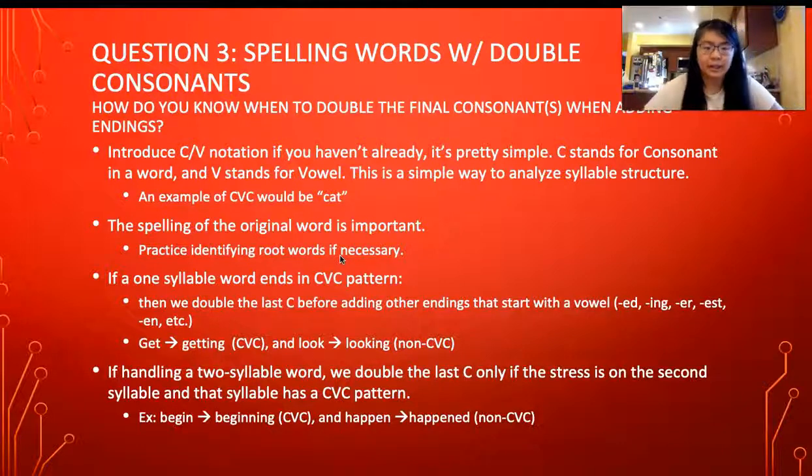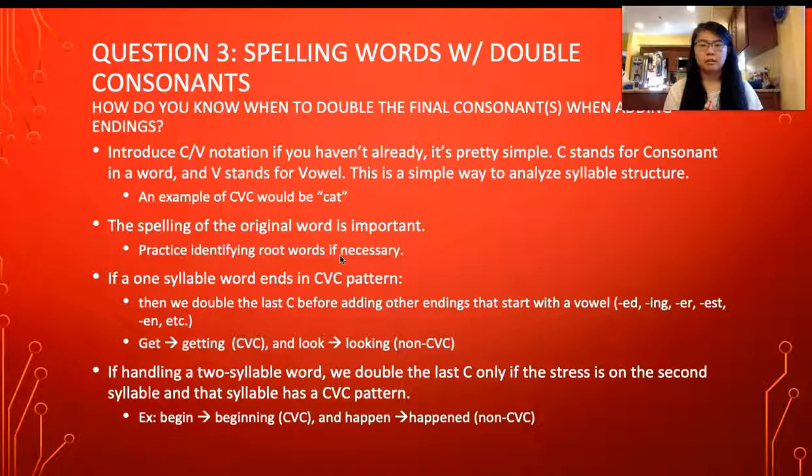So like begin, beginning. You see the 2 N's because the stress is on the second syllable: be-GIN. So this is clapping. It's a way to visually and audibly denote where the stress falls. So begin.